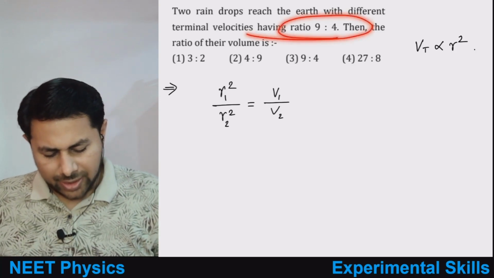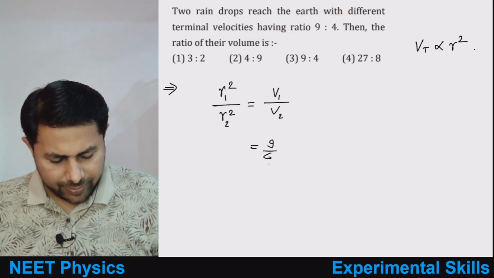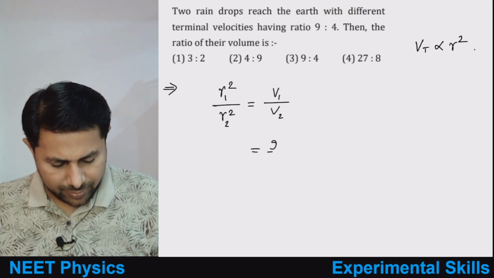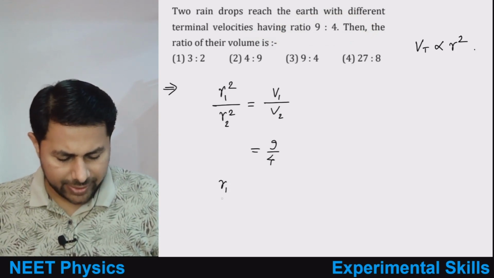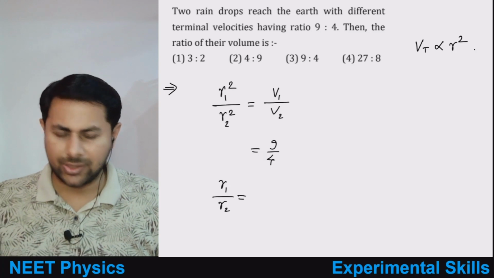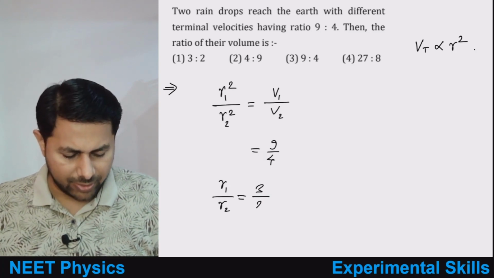The velocities are in the ratio 9:4. That means what's the ratio of radius? R1 by R2 is just the square root of that, so that's 3/2.